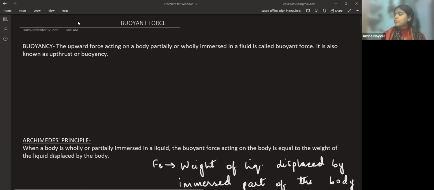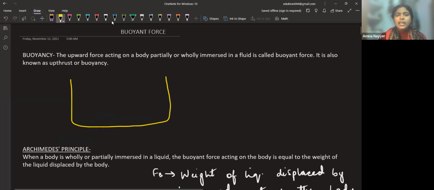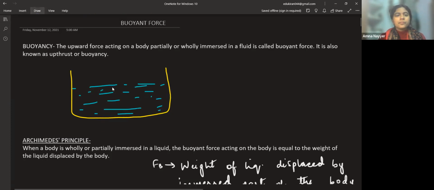See, buoyant force, what is meant by buoyant force? See, if I take a container, suppose, let me draw it. I have taken a container and I have completely filled it with water. Now, I am putting a very lightweight box in this.